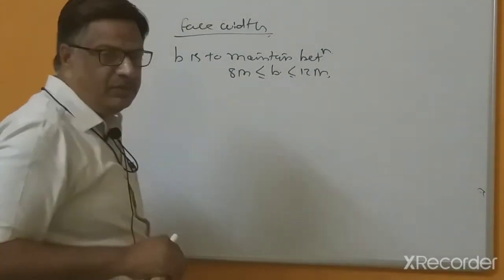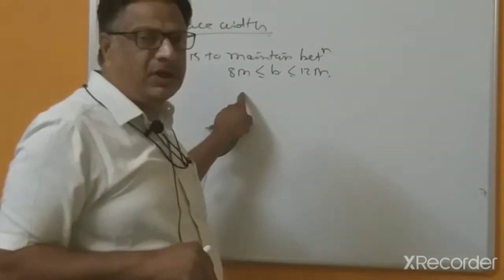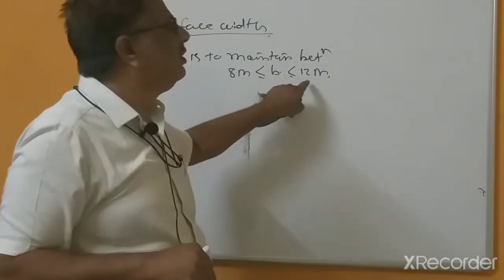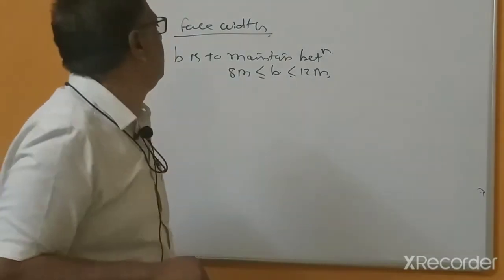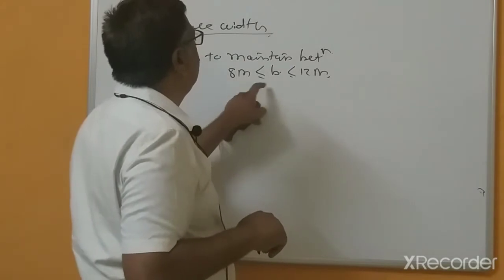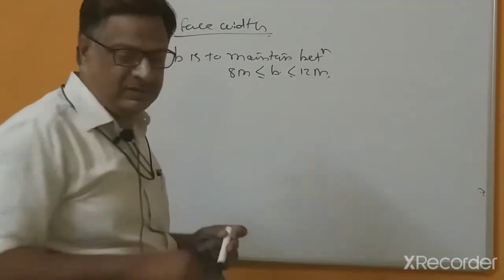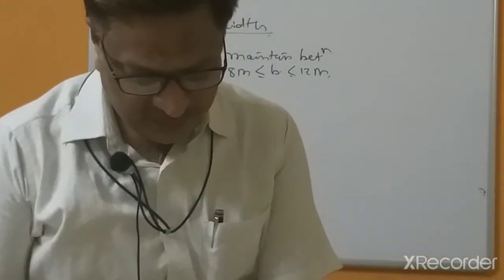So the face width of the gear tooth is to be maintained between 8 times the module or 12 times the module. So this is greater than and this is smaller. So face width, this is also important.